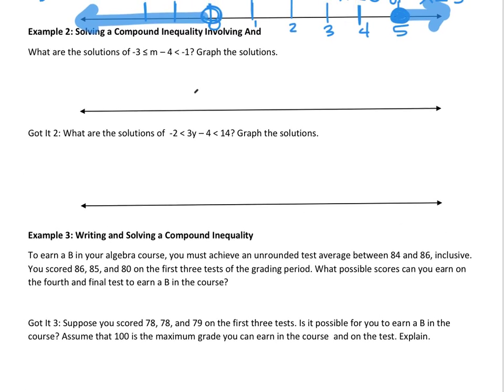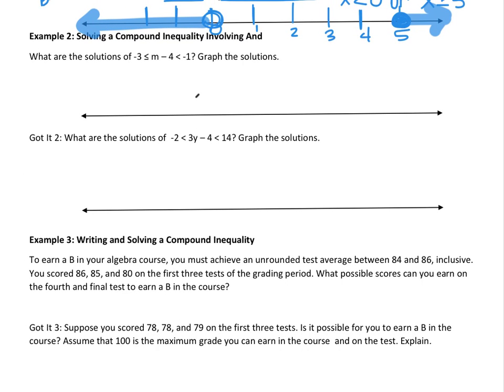Alright, down to solving a compound inequality involving "and." What you're going to do for an "and" is take your inequality and split it up into two. So I'm going to write -3 less than or equal to m minus 4. Then also write m minus 4 is less than -1.